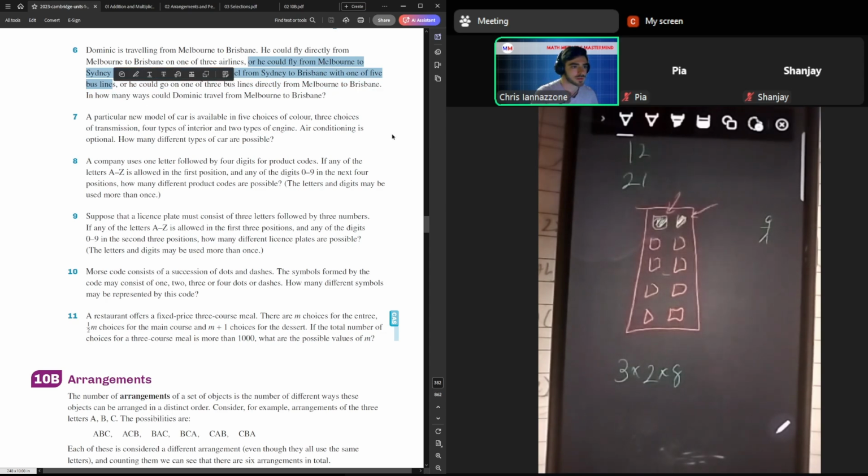That will be that one there. So why would that second option, the flight then bus, be a multiplication principle?